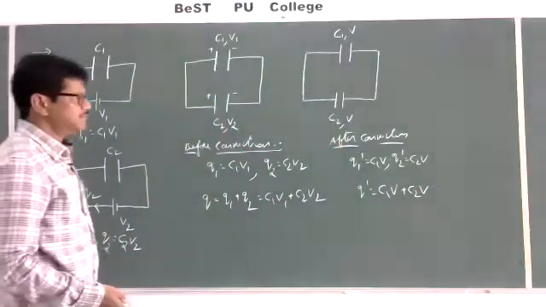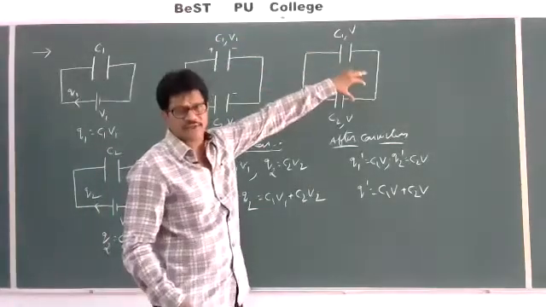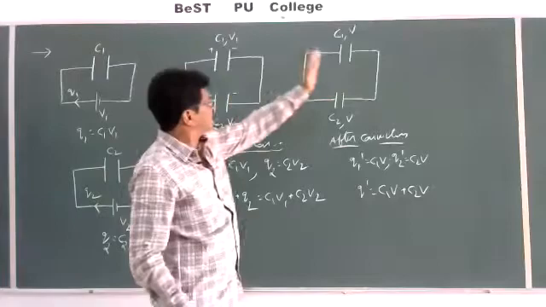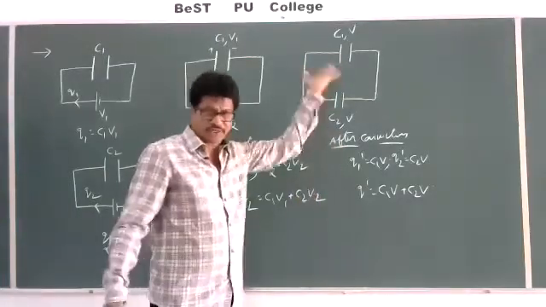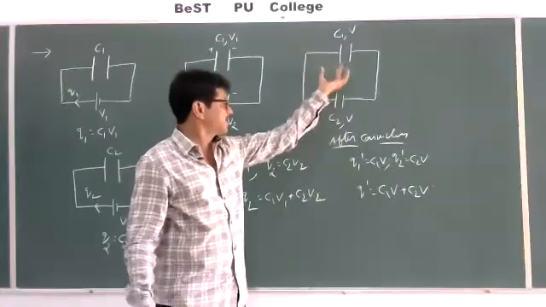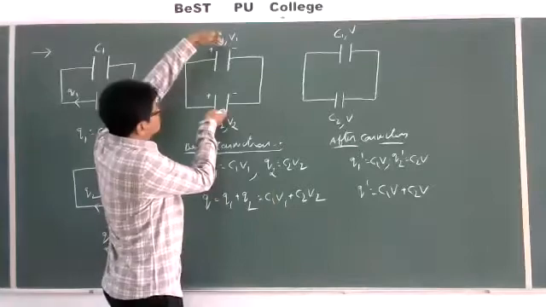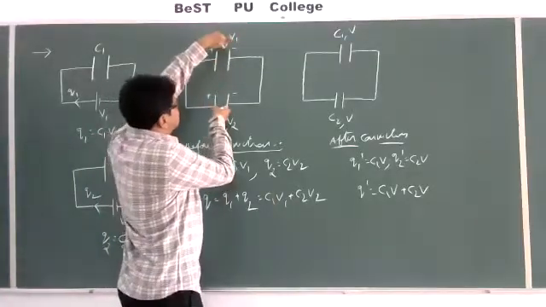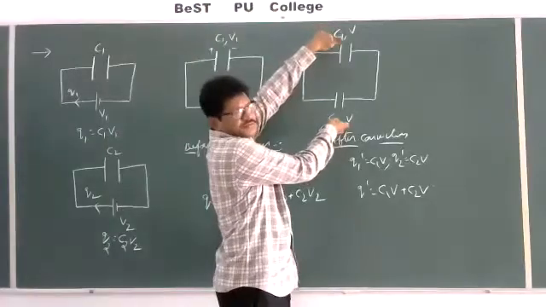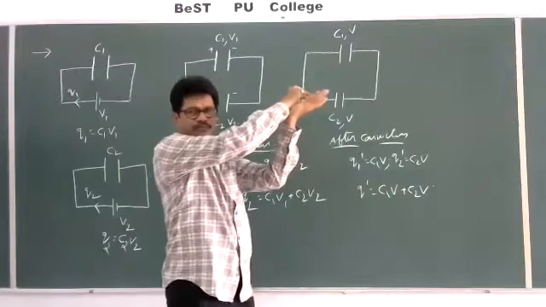But here, after connection, listen once. After connection, we are not adding any charges from outside. We are not taking any charges from the system. Whatever the total charge is there, this total charge is redistributing like this, because we are not adding any charges from outside.